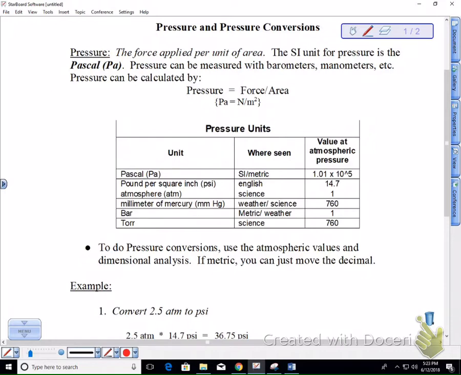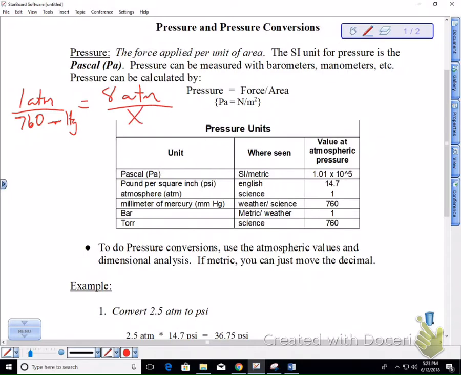Let's just say that I have a ratio here. 1 atmosphere is to 760 millimeters of mercury, as 8 atmospheres is to what in millimeters of mercury?